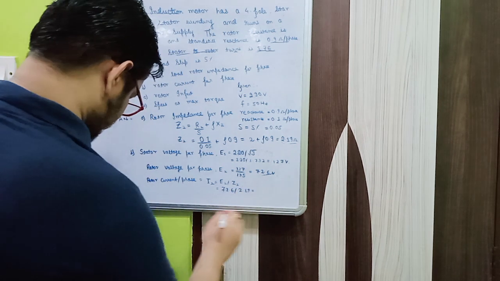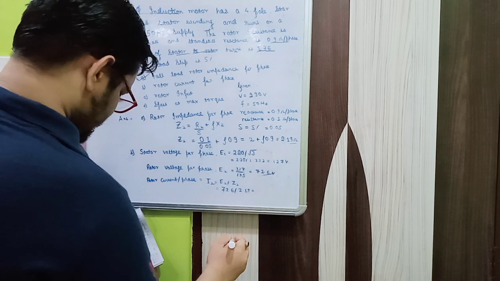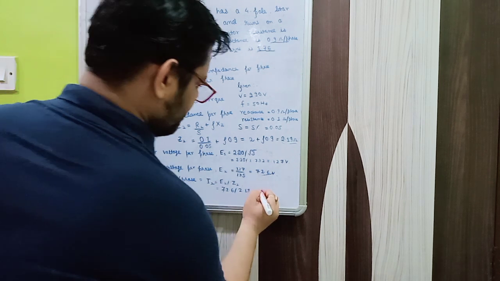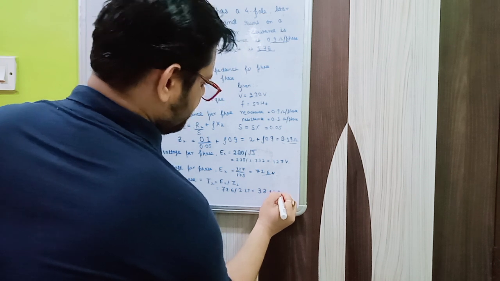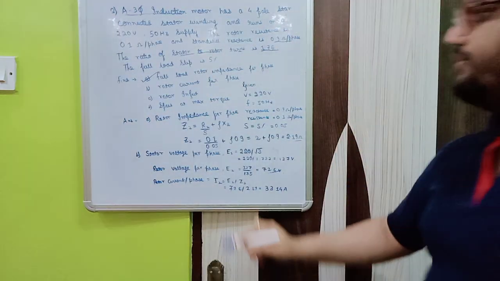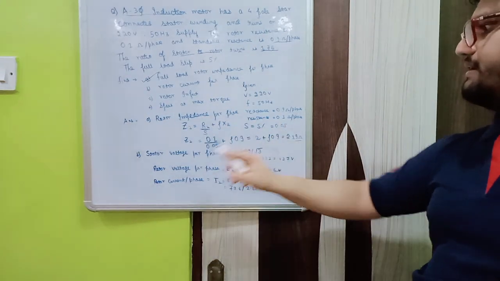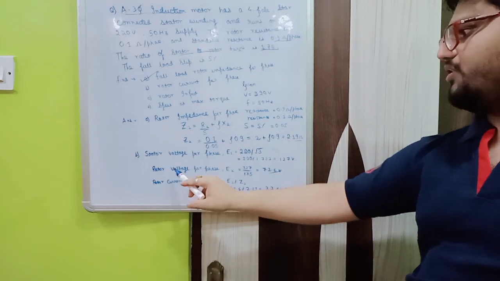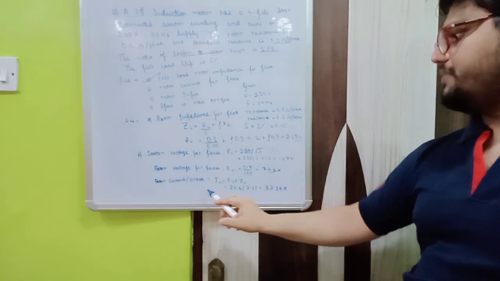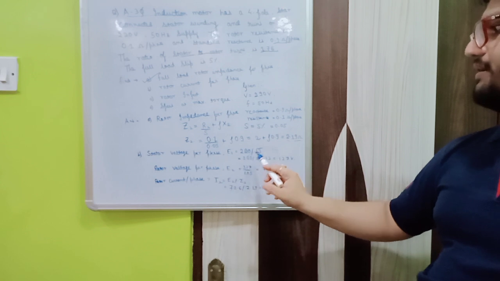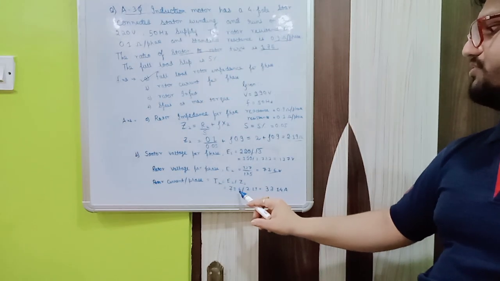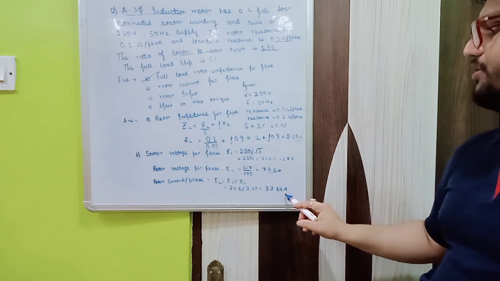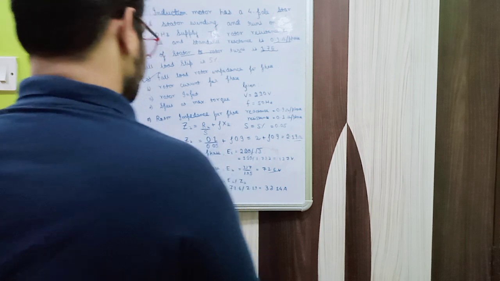If we divide these two values, we get 33.14 ampere. I hope you have understood how we calculated the rotor impedance per phase, the stator voltage per phase, the rotor voltage per phase and the rotor current per phase. We used E1, E2 and I2, where I2 is equal to E2 by Z2, and we got 33.14 ampere. So we will solve the other part of the question.